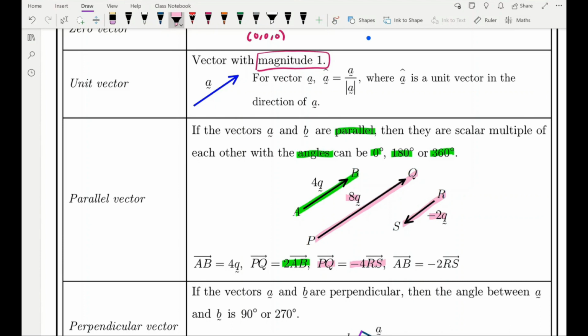Now we compare vector AB with RS. We can also get that both are parallel. For AB we get 4Q, and for RS it is negative 2Q. When we divide, we get AB is equal to negative 2 RS.